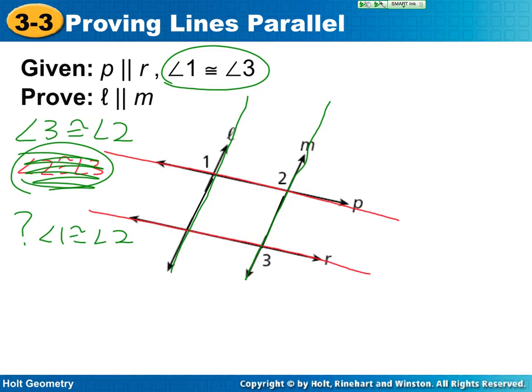Start in on that first problem and see if you can put it together on your own.